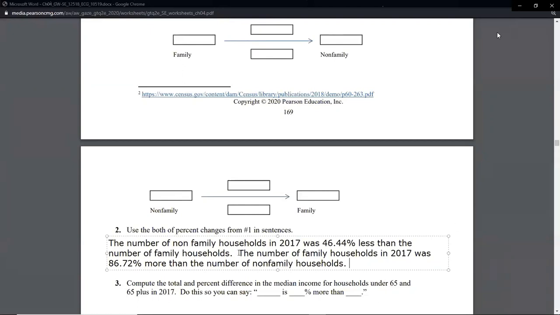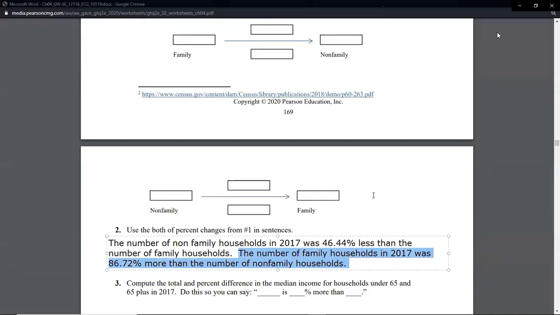I think that if you want a positive approach of this, you would probably go with this one. The number of family households was about 90% more than the number of non-family, because in traditional sense, family is good. Family means that we have a good structure at home, hopefully, and we're reproducing and we're going to build our world and things like that.